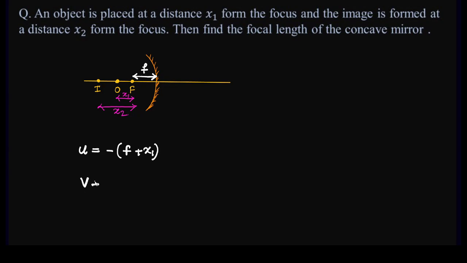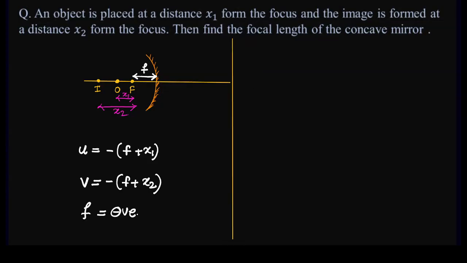And v is equal to what? This is also minus of f plus x2. And since it is concave, the focal length is always negative. So use it now and try to simplify.